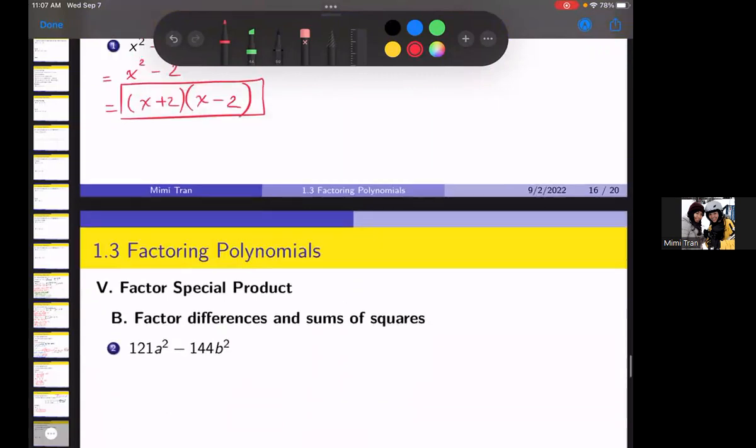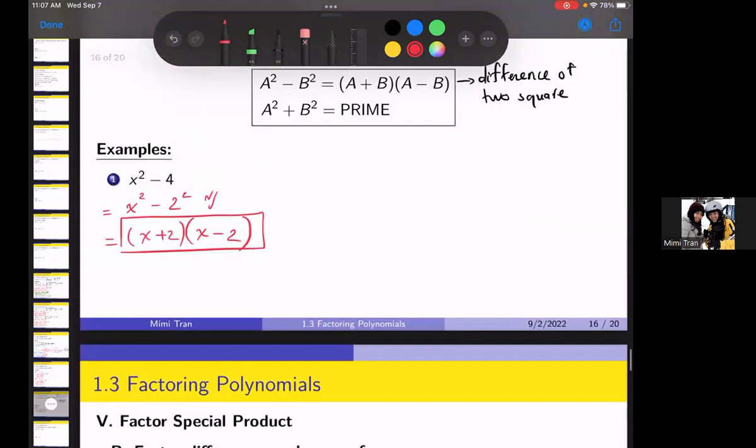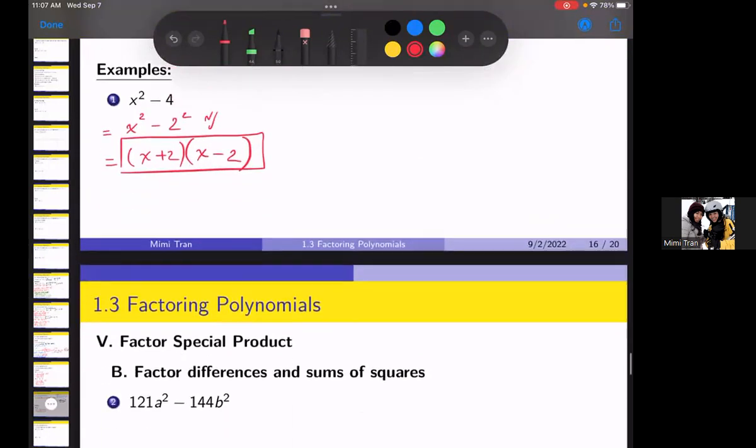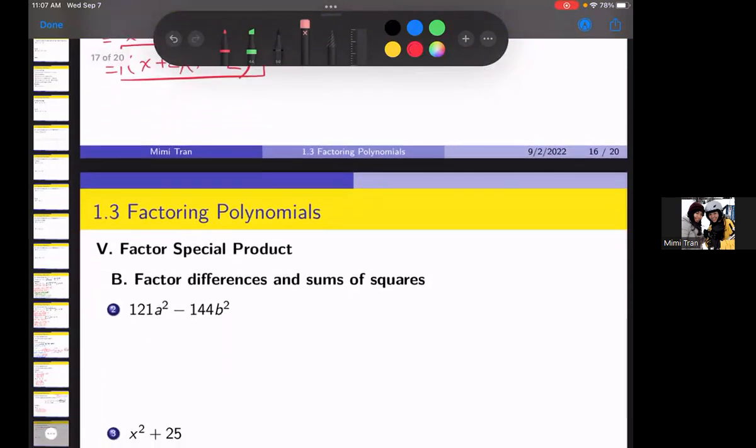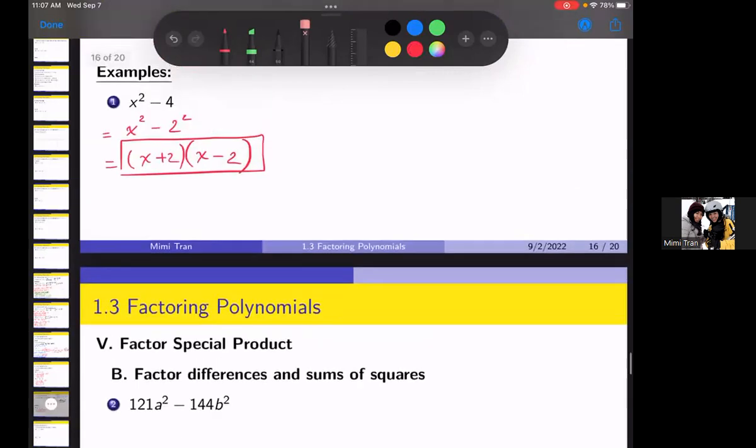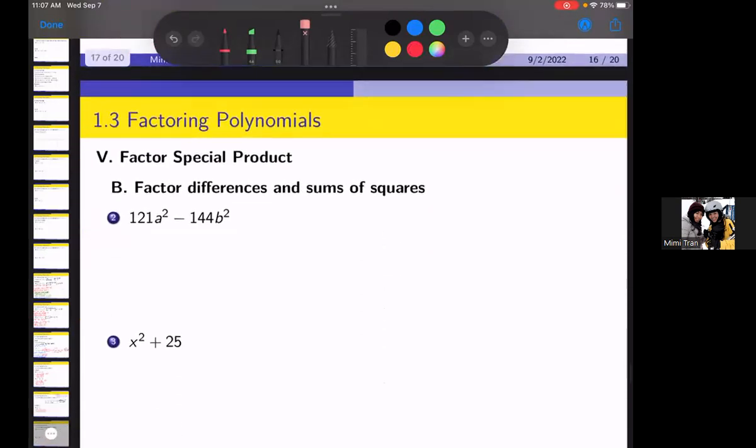I would recommend you write it like the middle step here for the 121 and 144. Same thing with the A and B. You need a calculator for that.